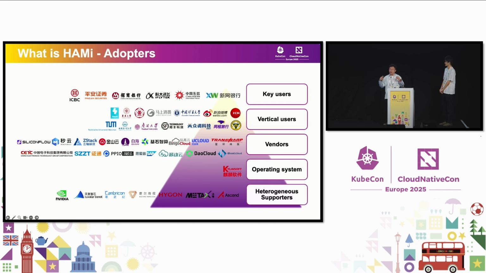For example, a South Korean company uses HAMi to combine training and inference in their production environment. Other key users such as a travel company, PICC, ICBC, and other bank and business companies also use HAMi to maximize GPU utilization and unify management of heterogeneous AI chips.